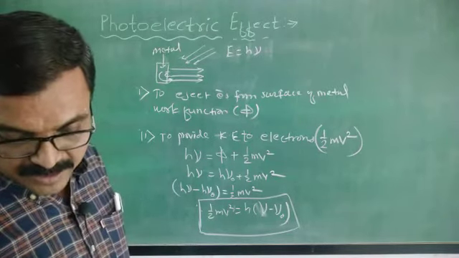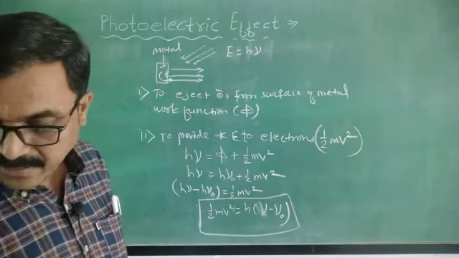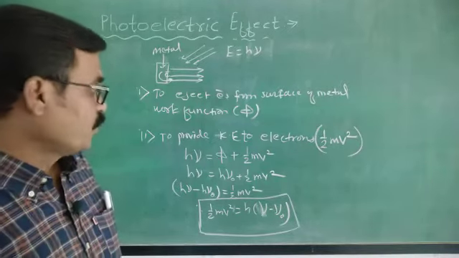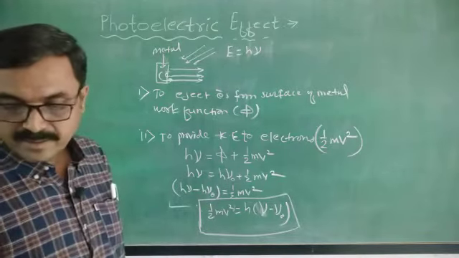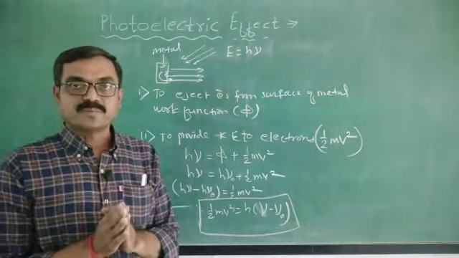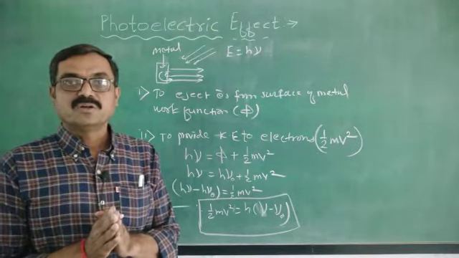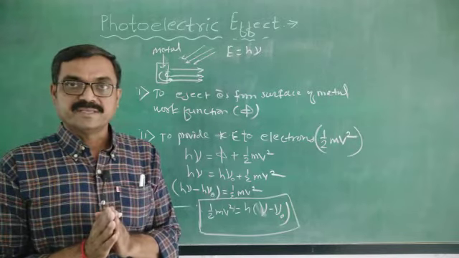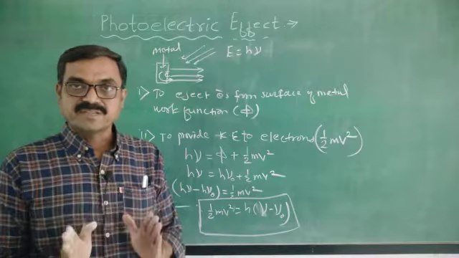Now this is nothing but the final equation of photoelectric effect. Are you getting clear? I think you all getting this very important point. Threshold frequency, then frequency of incident light, various terms are there.